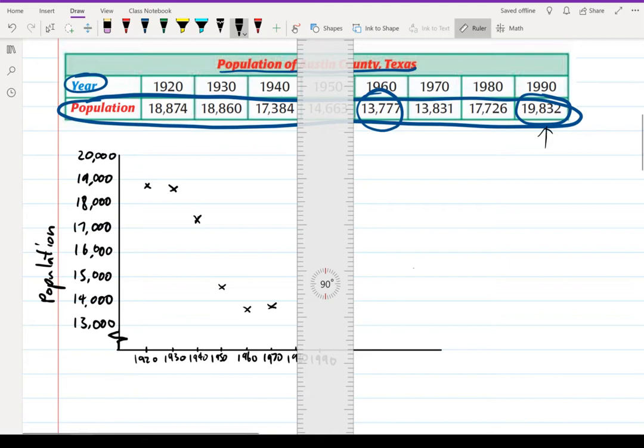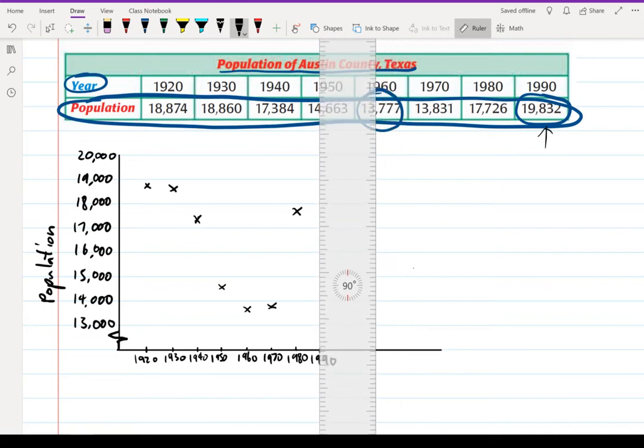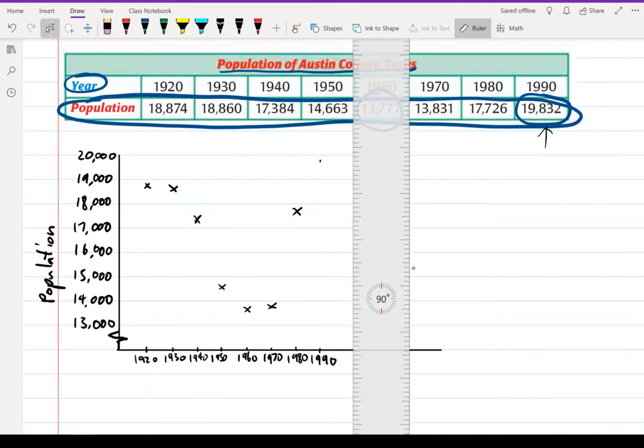So that's all the way up here. And then last one for 1990, it is 19,832. That's roughly around here. Okay, so we can see that the data changes quite a bit.